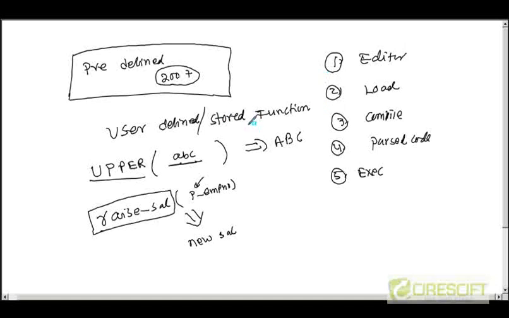The only difference between procedure and function is that a procedure may or may not return any value, whereas a function must return one value. By the way, a procedure can also return multiple values.